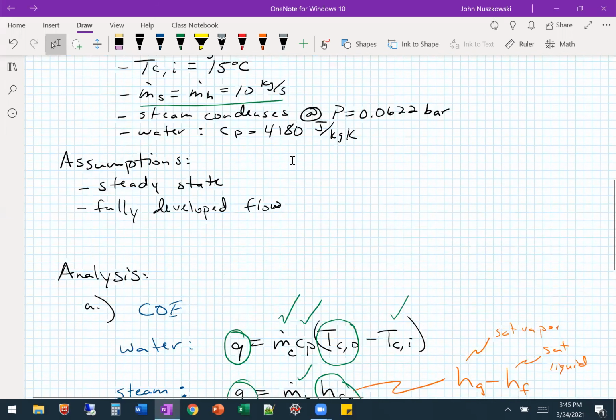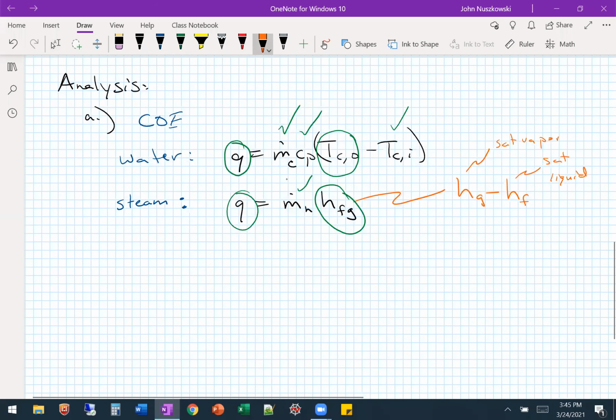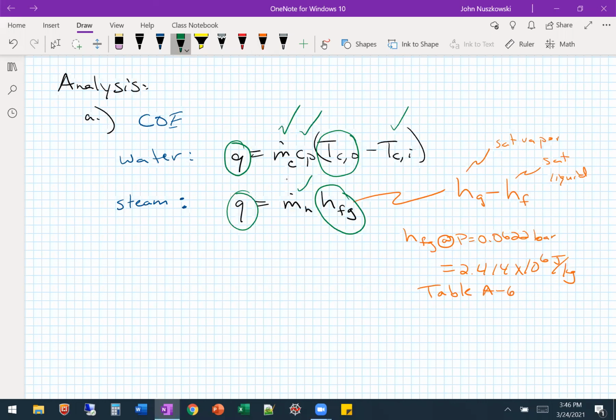So that would be enough to look up h_fg. And in the back of our book, it ends up being 2.414 times 10 to the 6th joules per kilogram. That's table A-6. Okay, so we have enough.